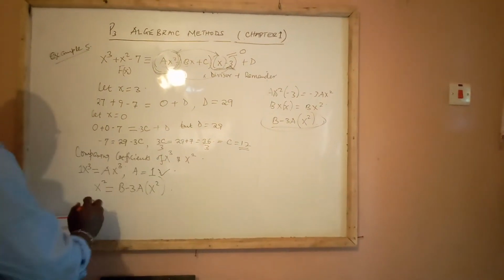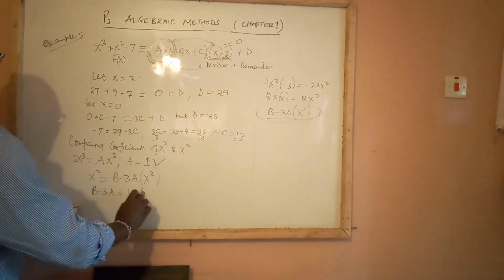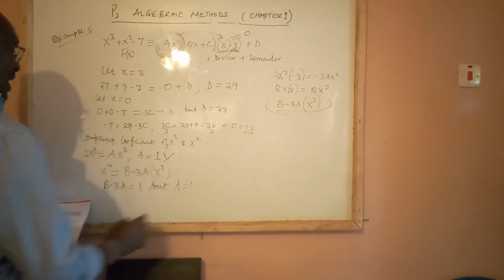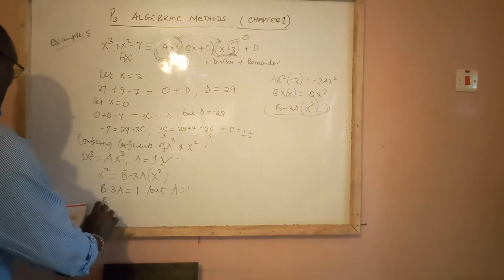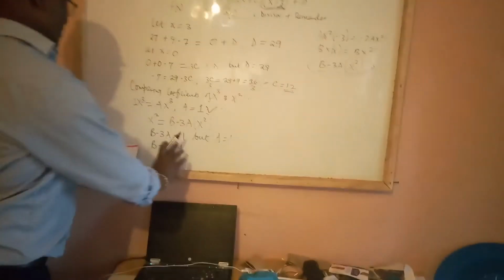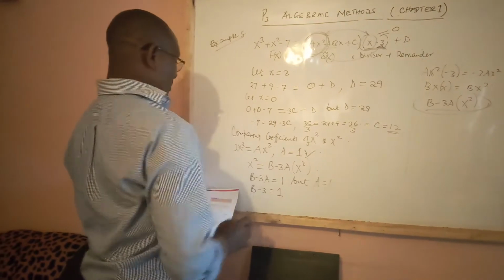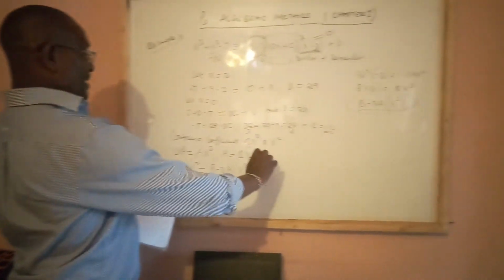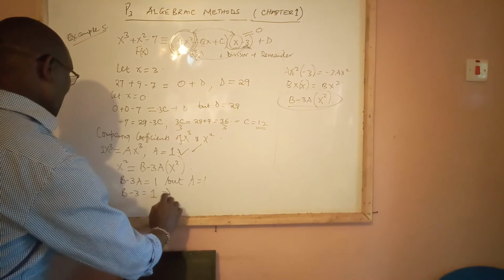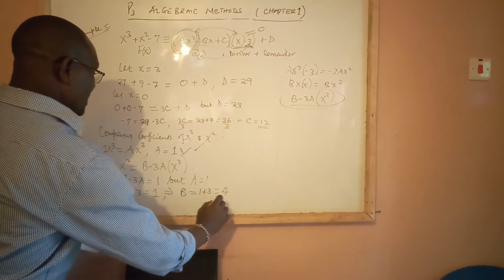So we can say that b minus 3a is equal to 1. But a is equal to 1, so b minus 3 is equal to 1. What is our value of b? b is equal to 1 plus 3, which is 4.